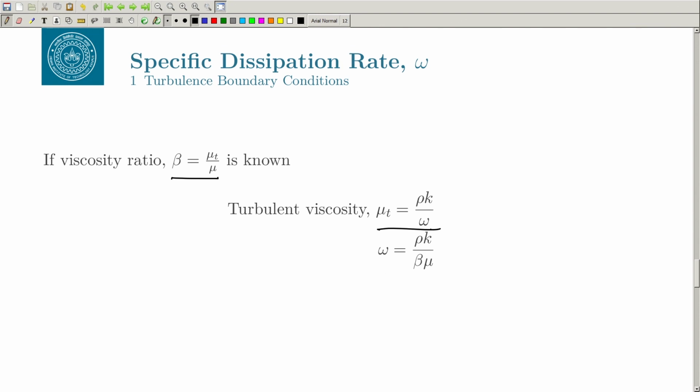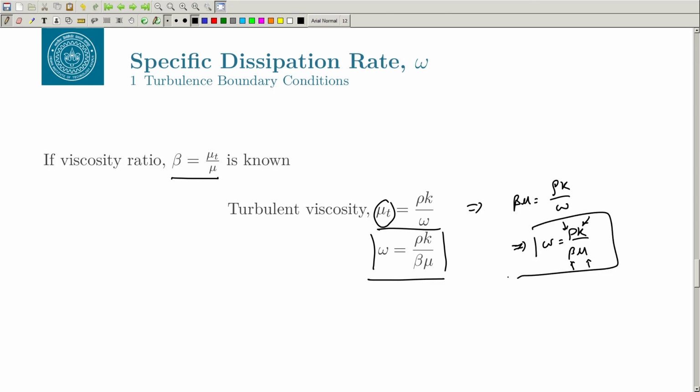So, you can write this as beta mu is equal to rho k by omega, right. Then your omega will become rho k by beta mu. You know k, you know beta, and rho and mu are also known. Okay. So, then you can calculate the specific dissipation rate.